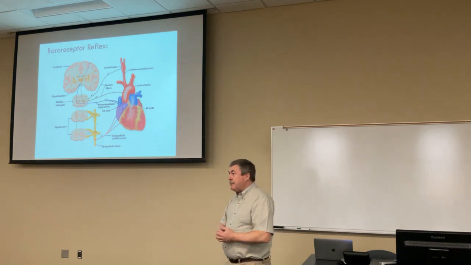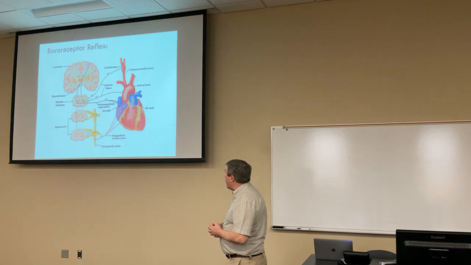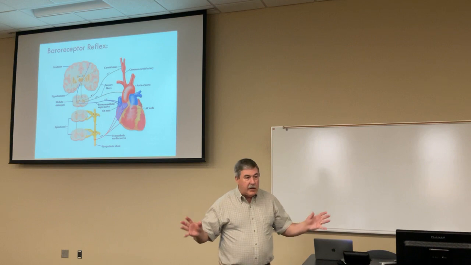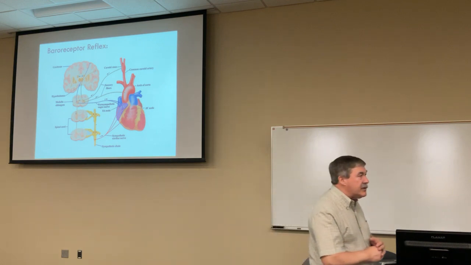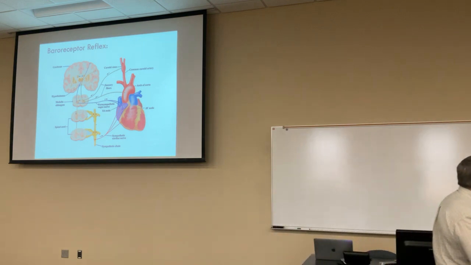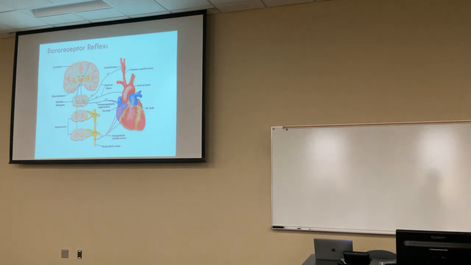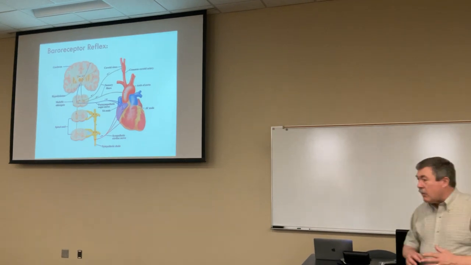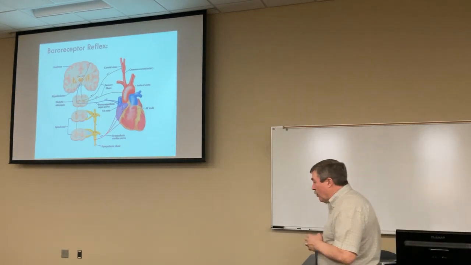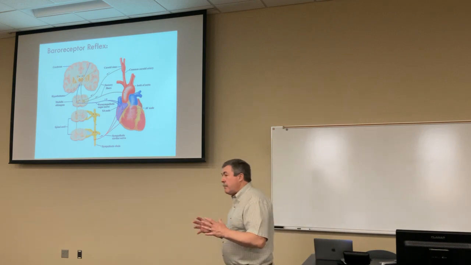But there's more, because the vasomotor center also sends out signals to all of the arteries in the body. The vasomotor center would decrease sympathetic stimulation to the arteries, which would cause vasodilation.